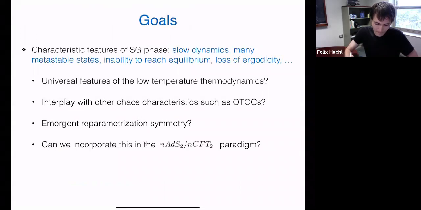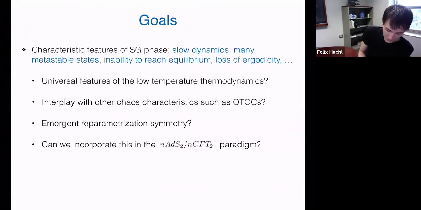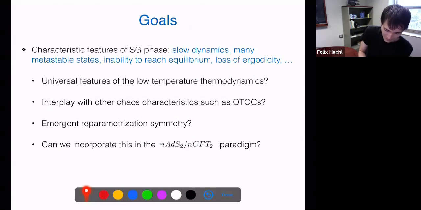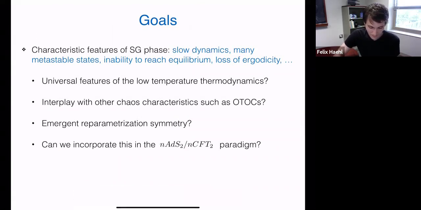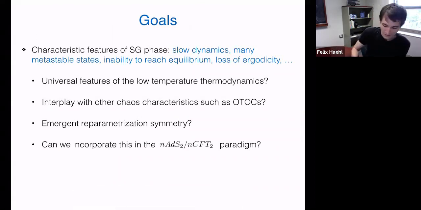Okay, so the goals are going to be to take some of these characteristic features, like this slow dynamics and the fact that there are many states in this free energy landscape, and that the system is having a hard time reaching equilibrium and loses ergodicity and so on. We want to understand some of these features, and see how they interplay with some of these chaos characteristics, such as out-of-time-order 4-point functions.